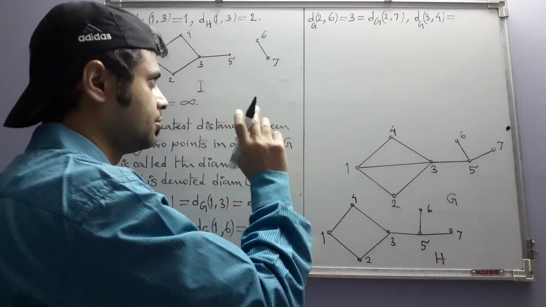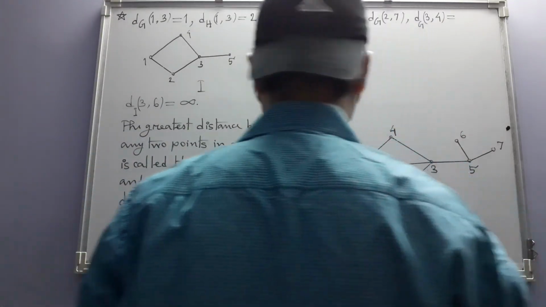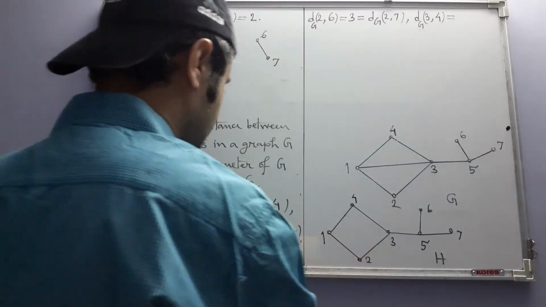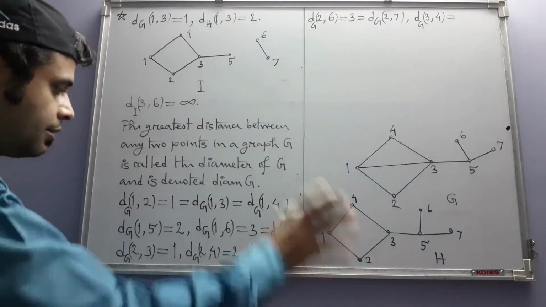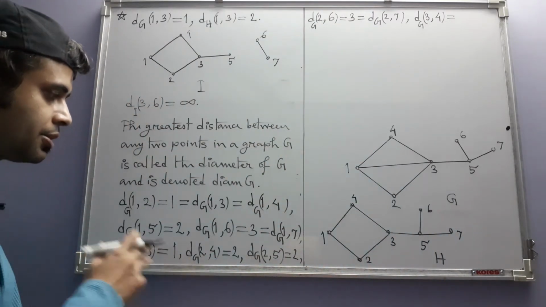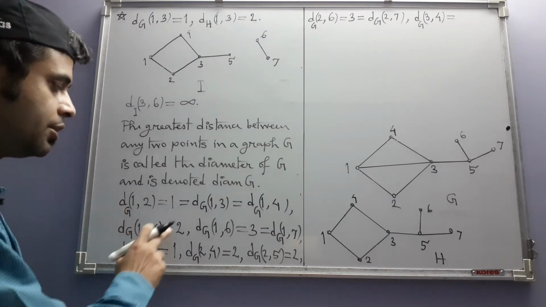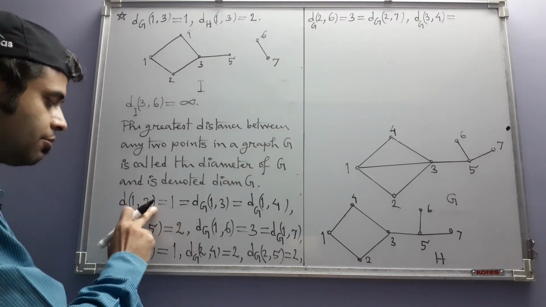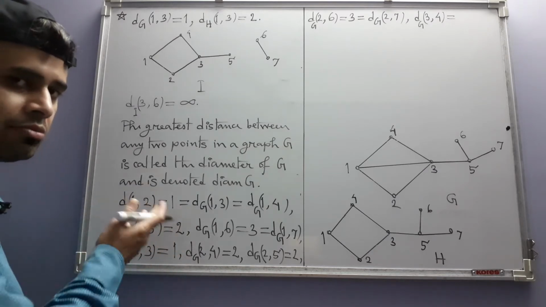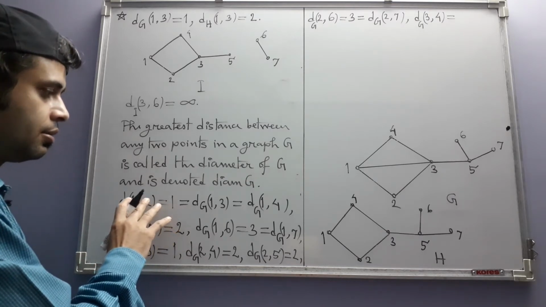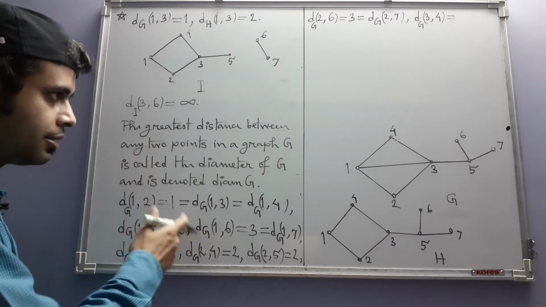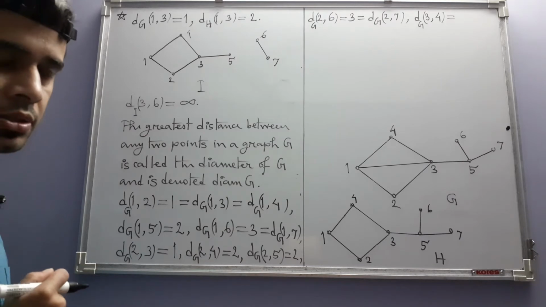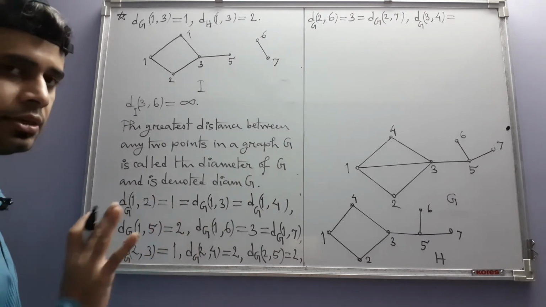Okay, so we keep that in mind also. Since here we are trying to look at all possible distances, ideally we should have written distance of 1 between 1 and 1, but actually since we are trying to find the maximum possible distance, there is no point writing those things.